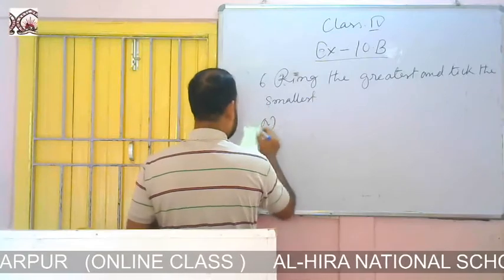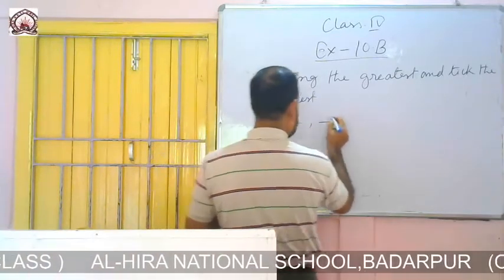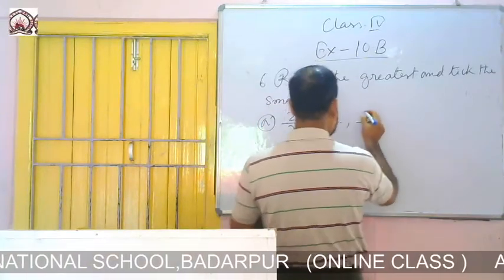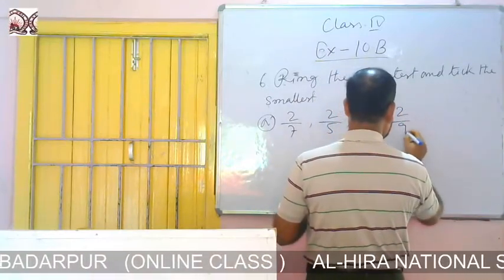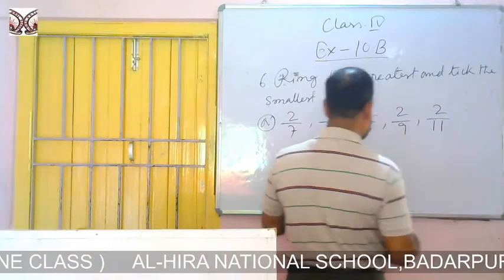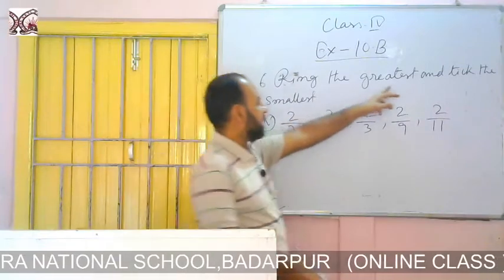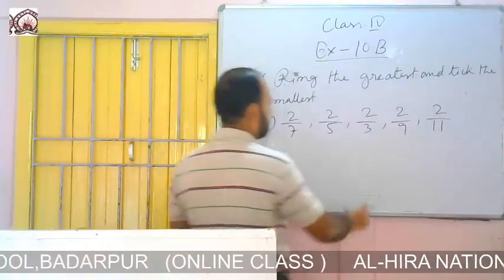Question number A, 2 by 7, 2 by 5, 2 by 3, 2 by 9, 2 by 11. So here we ring the greatest fraction and tick the smallest fraction.